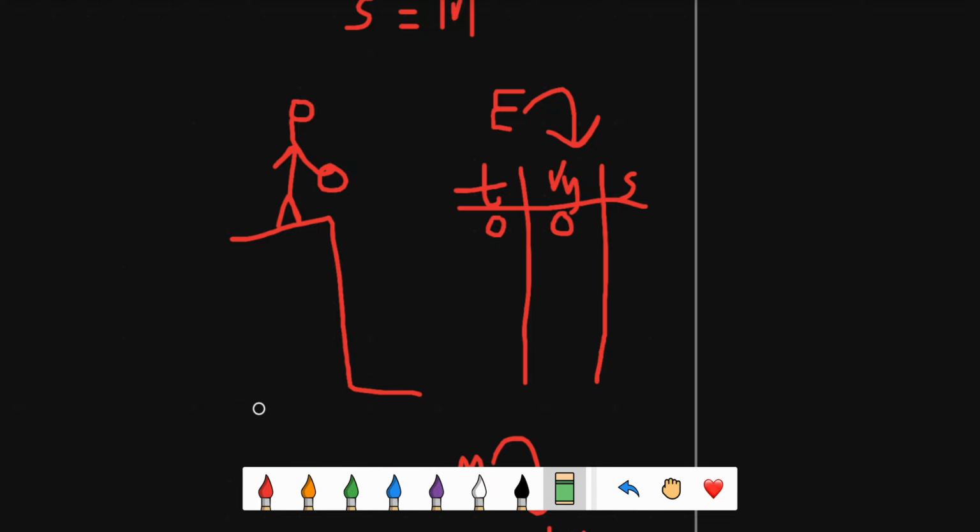In 2 seconds, what will this be? I think it's about 19.6 meters per second.